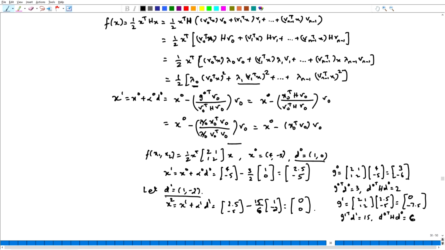Okay. So, if those are not the only set, how do you construct this (1, 0) and (1, -2)? That is possibly a more important question. So, what I claim is the following.